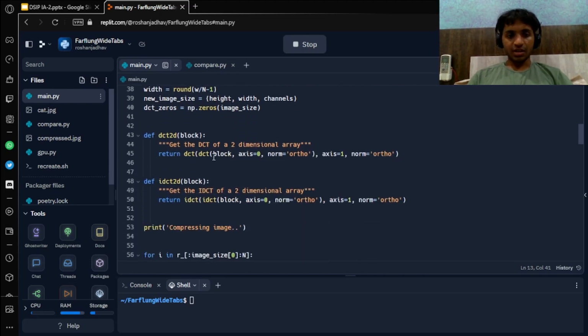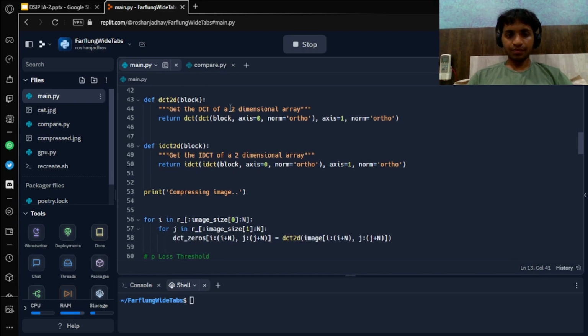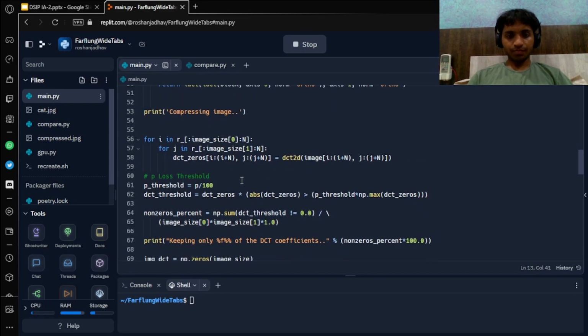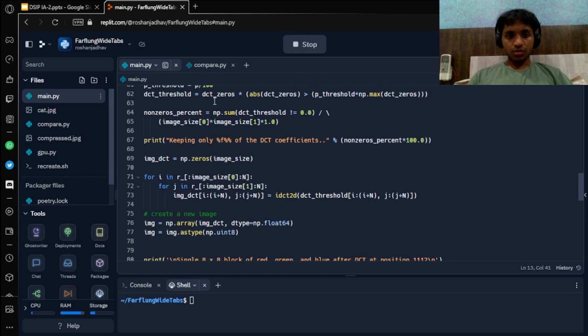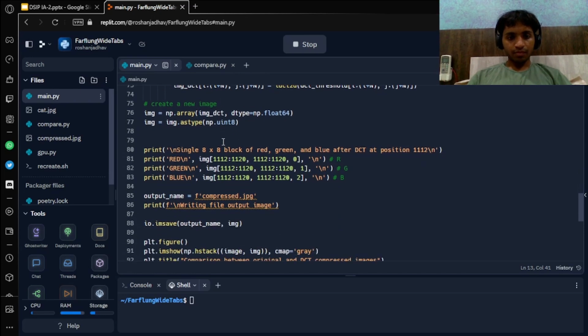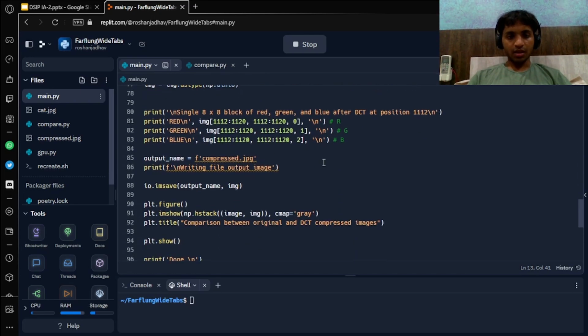Then here the blocks get the DCT, and then the inverse of that, and then it prints the image. So it gives the percentage of how many of the DCT coefficients are kept, and then again gives the values. It prints the values for the different colors of the blocks.